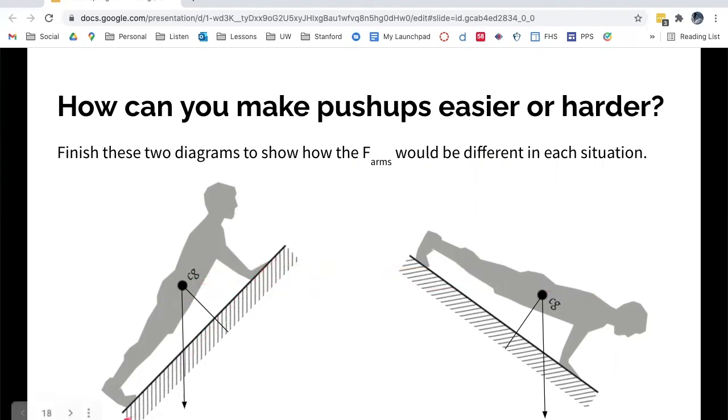Imagine doing a push-up on an incline here, where gravity is pulling you directly down this way, versus doing a push-up over here, going the opposite direction, where gravity is pulling you down this direction. Show the force on the arms and the feet in both of these to estimate which one would be harder, which one would require more force on your arms.